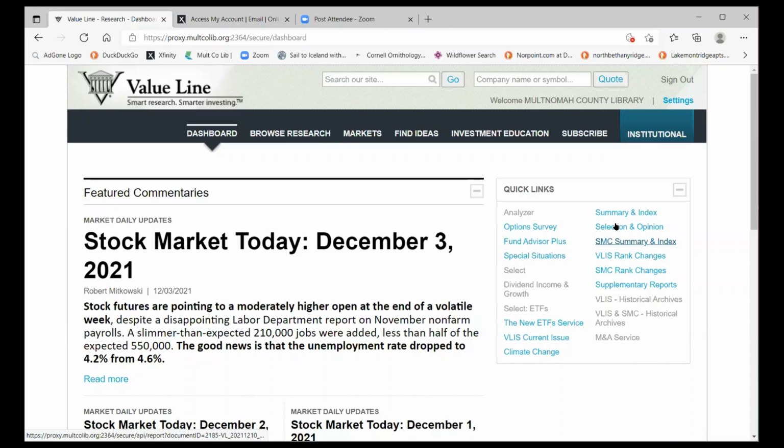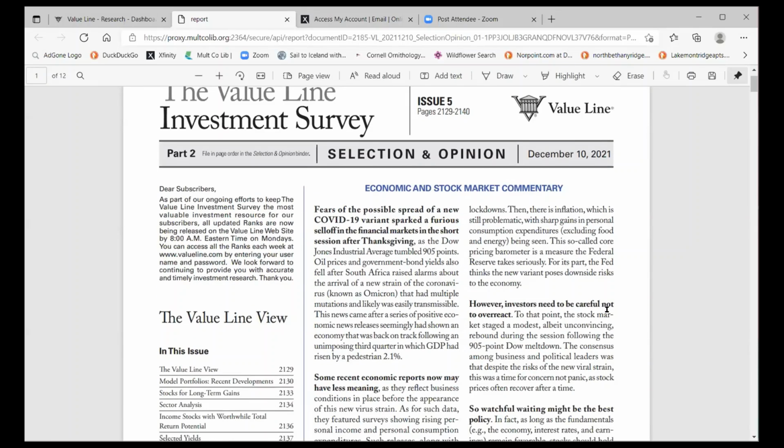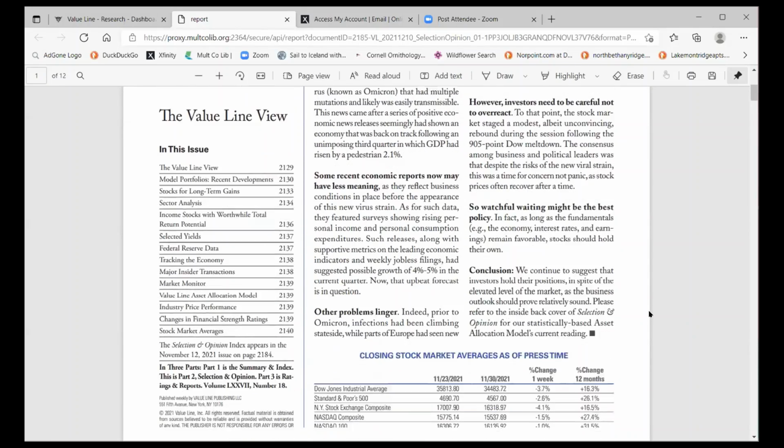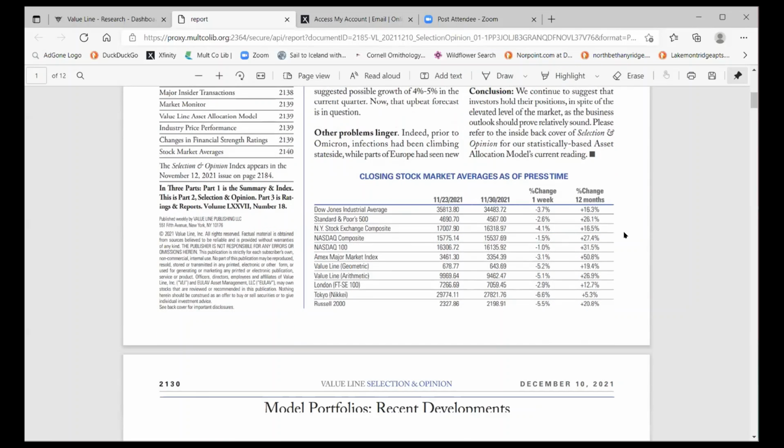The selection and opinion is the, which I'm going to click on this, the second one. This is the little weekly newsletter, if you will, that comes out and explains just generalized information. So the first thing you want to look at, really, again, you get how much time you want to spend reading this, that's up to you. I look at the conclusion. When the conclusion is kind of just general wording, it means they haven't seen anything that's spectacular, and I keep going.